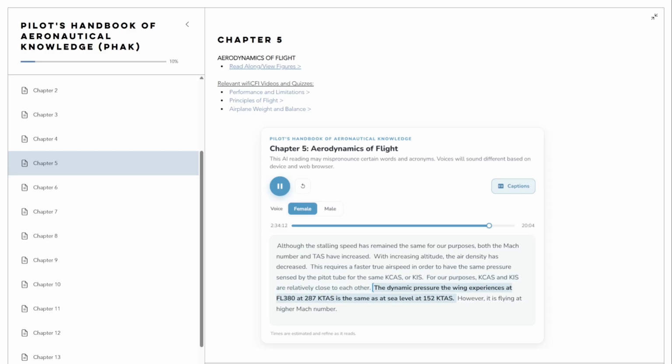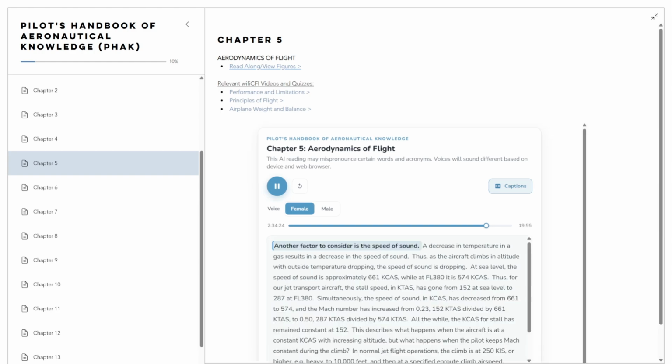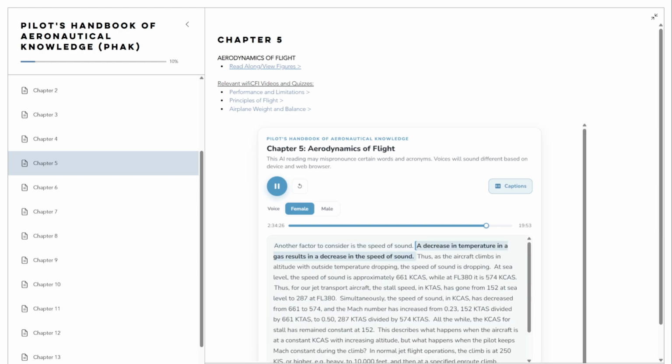The dynamic pressure the wing experiences at FL 380 at 287 KTAS is the same as at sea level at 152 KTAS. However, it is flying at a higher Mach number. Another factor to consider is the speed of sound. A decrease in temperature in a gas results in a decrease in the speed of sound.